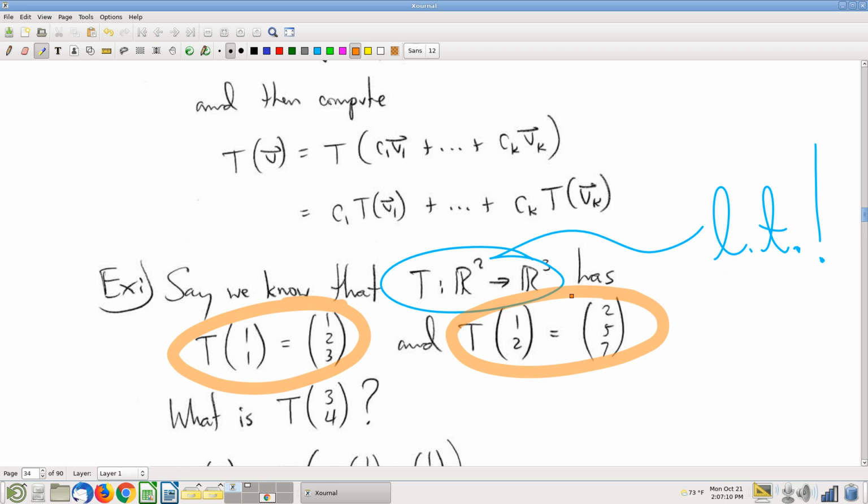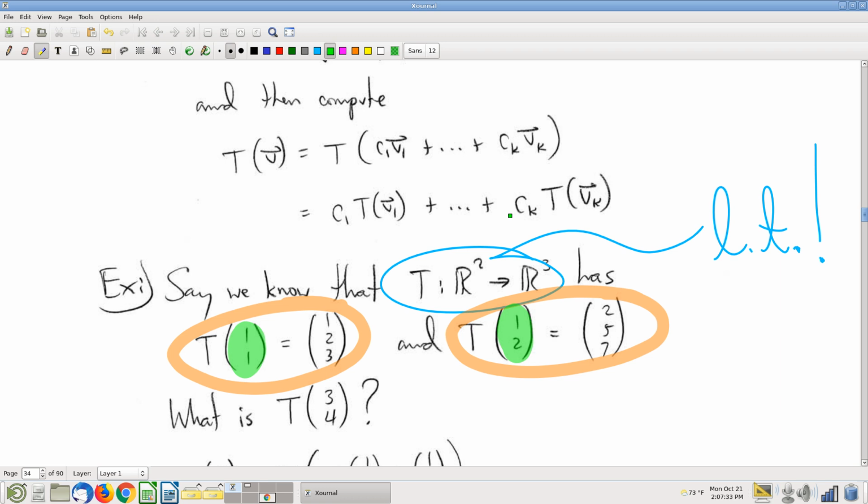Let's pretend. Notice that (1, 1) and (1, 2) form a basis. Independent pair of vectors in a 2-dimensional domain. It's a basis for that 2-dimensional space. And I claim that now I know everything about this linear transformation. I've only got 2 values given, but I can tell you all the other values.